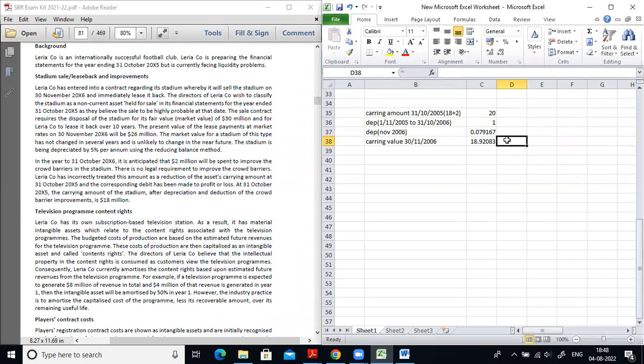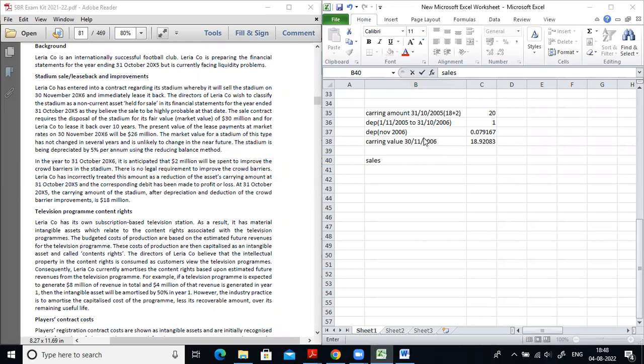Participants, please let me know if you have any question up to now. Shall I assume that it is clear? This is our final carrying value, 18.9. Shall I go with the next step? Can I just see once again the carrying value?